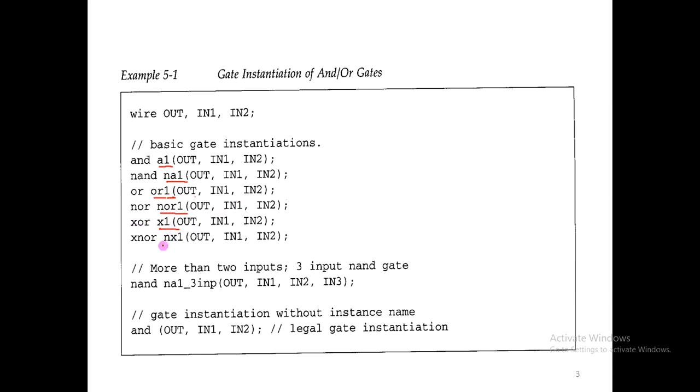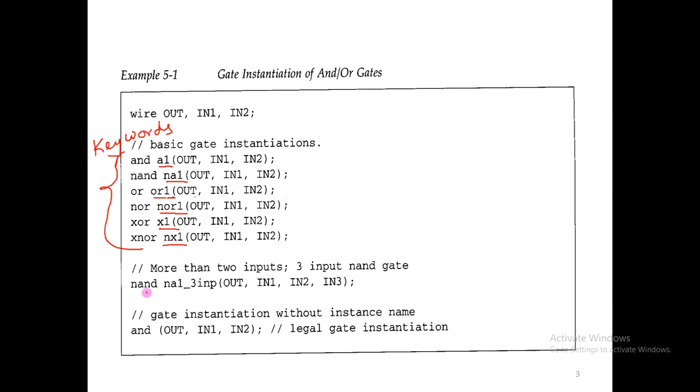XOR also: X1 is the label, out is the output, in1 and in2 are your inputs. So this is how the simple gate instantiation of basic gates is done. AND, NAND, OR, NOR, XOR, XNOR, all these are predefined words, hence we also call them keywords. Remember that.